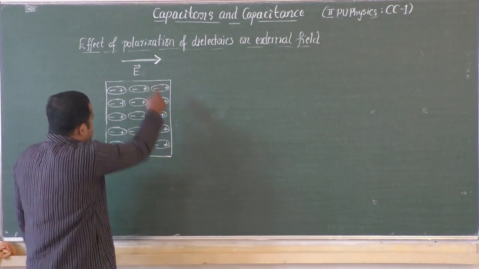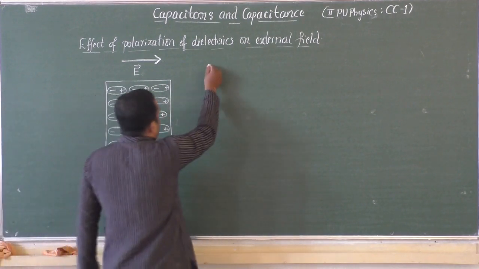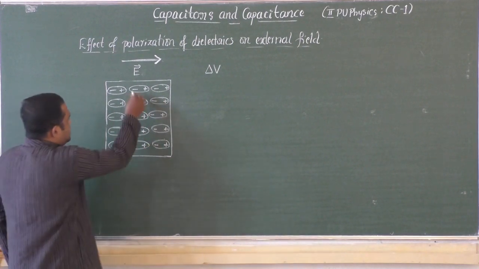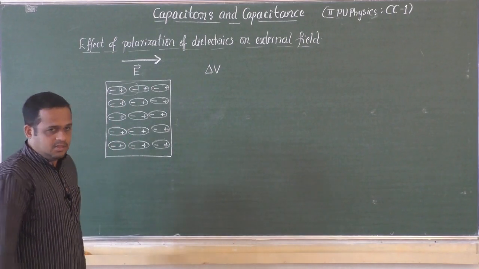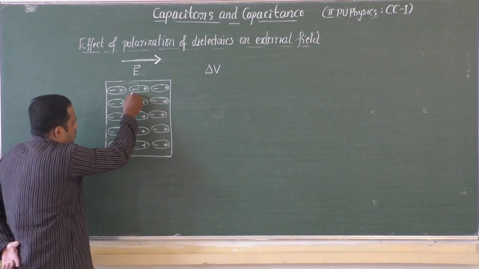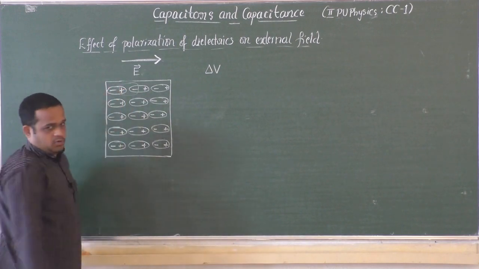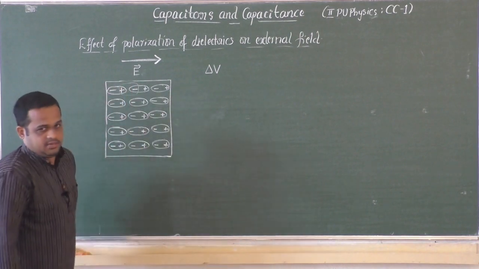Now, inside this dielectric slab, if you consider a small volume delta V, just for example, then in this volume, the positive charge of one molecular dipole sits close to the negative charge of another.